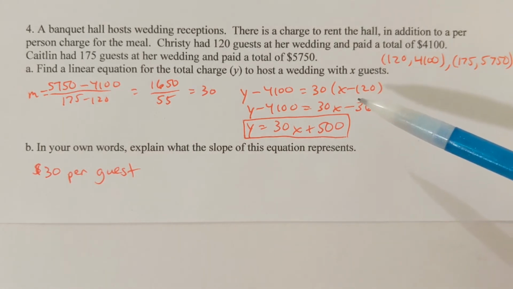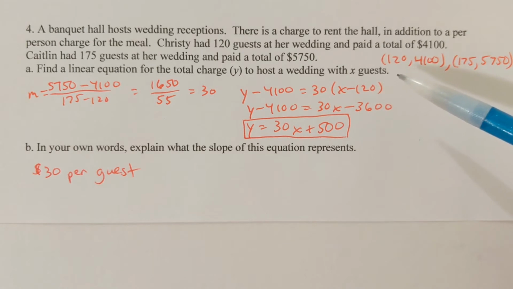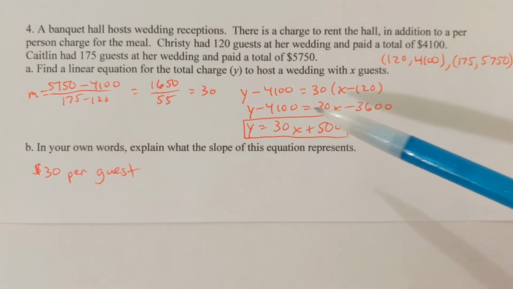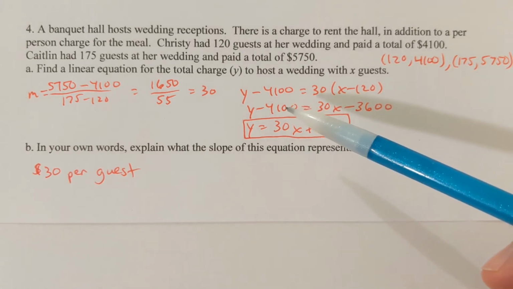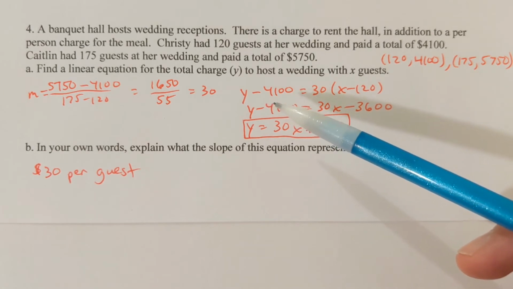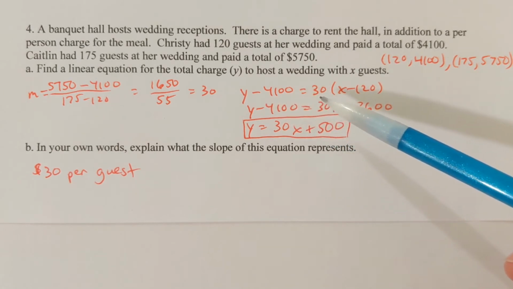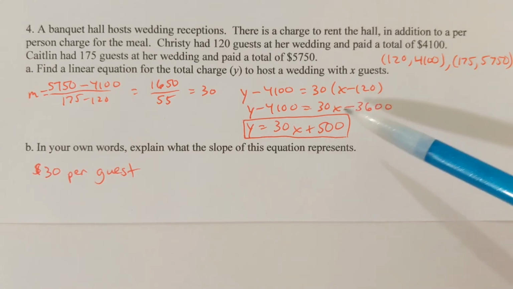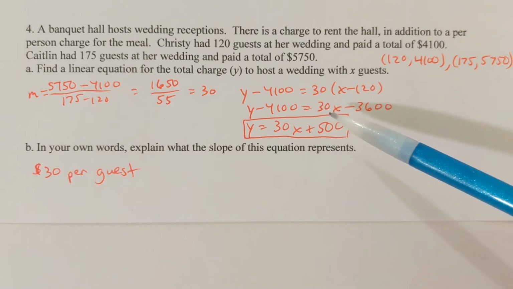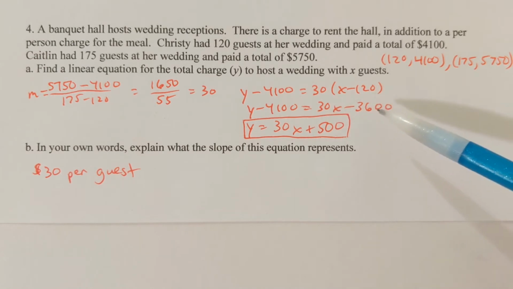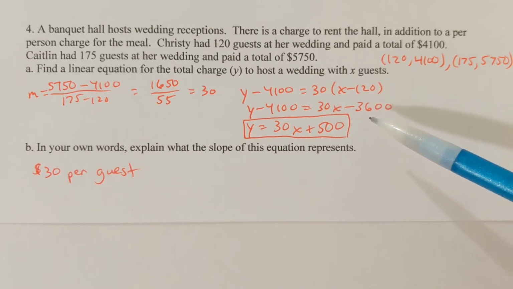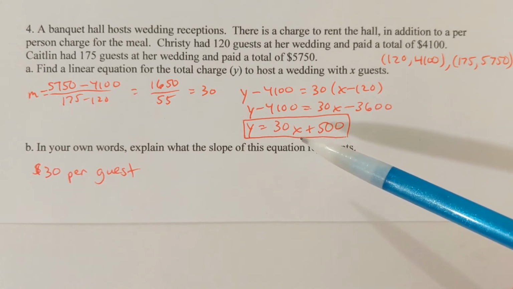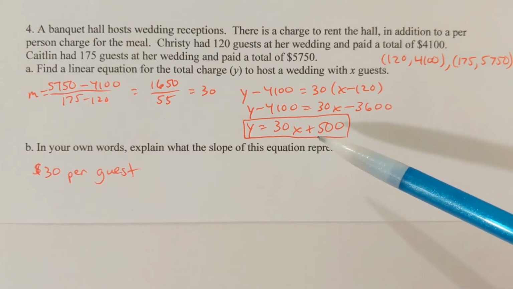So I'm using (120, 4100) as the point. And y minus 4,100 is equal to 30 times the quantity x minus 120. On the right, I get 30x minus 3,600. And so when I add 4,100, I get y equals 30x plus 500.